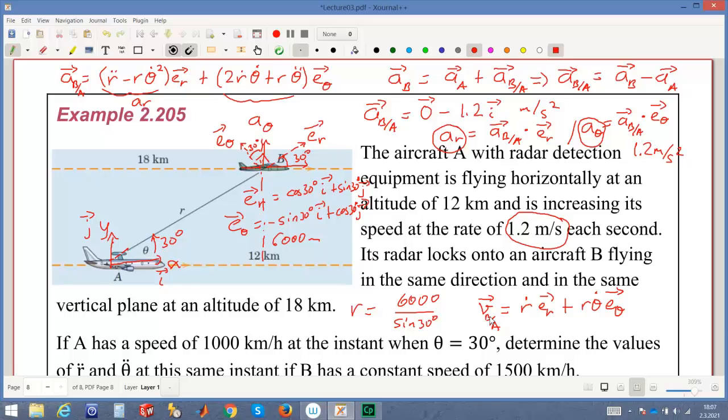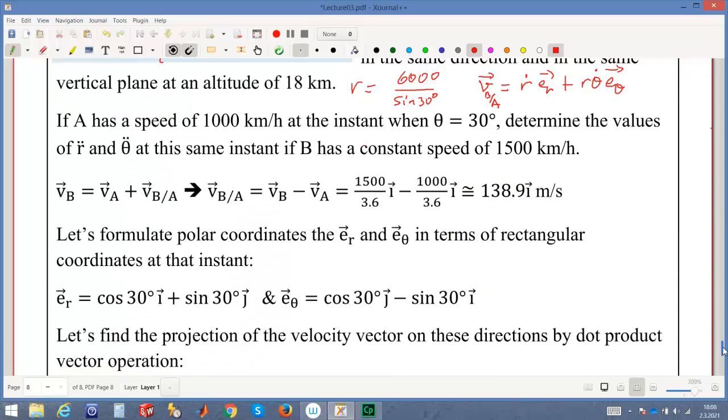Now I need to find the relative velocity between these two planes, the relative velocity vector. Both planes travel along the x direction. Therefore, in a similar way, I can write out the velocity information. Let me just move a little bit down so that I will have more space to write. Okay.